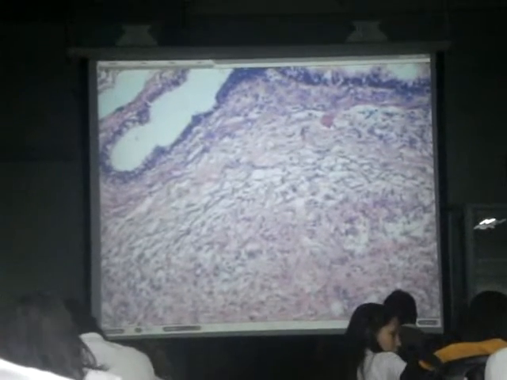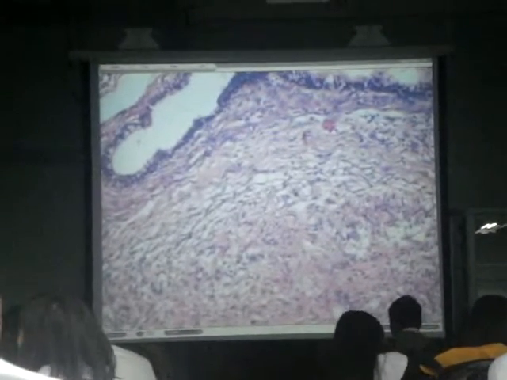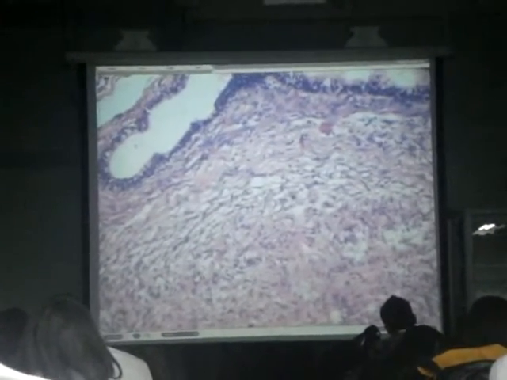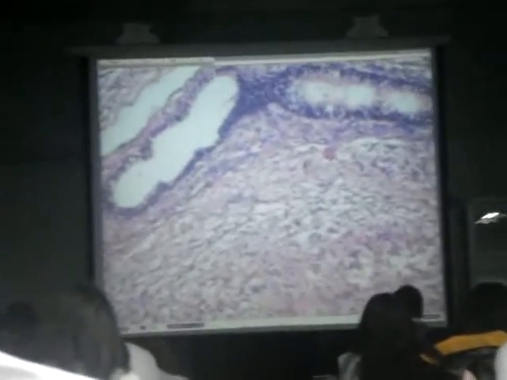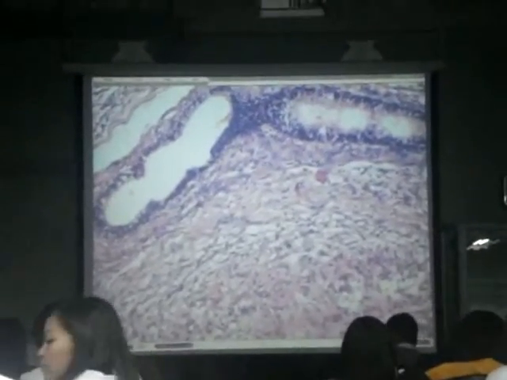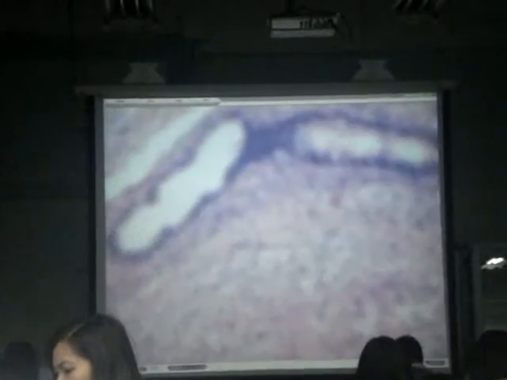To be fair. Kung hindi ka na ng question, pwede kayo magreklamo. Because caseation necrosis may look like liquefaction necrosis. They are the same. You don't have the architecture anymore and you don't have the nuclei anymore of the cells.